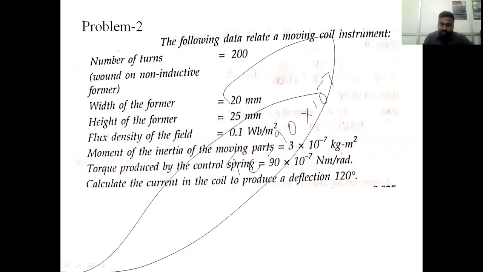We also know that theta is equal to 120 degrees.